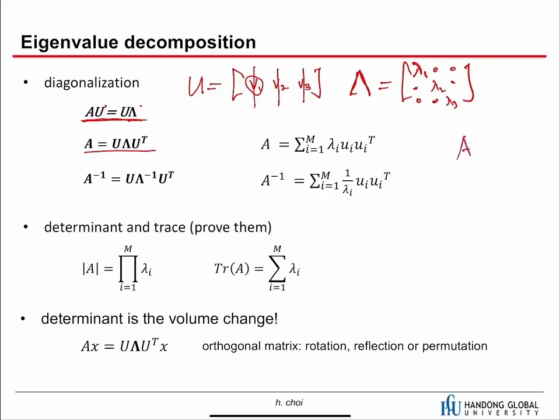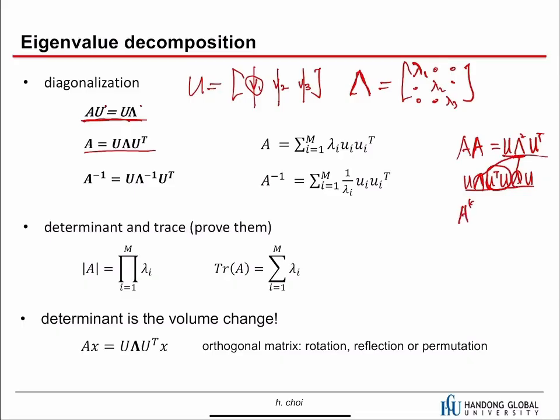If we multiply A by itself, we don't have to multiply twice: it's U lambda squared U transpose. Why is that? U lambda U transpose times U lambda U transpose, where each is A. U transpose U is the identity matrix, and lambda is a diagonal matrix, so this goes to this.